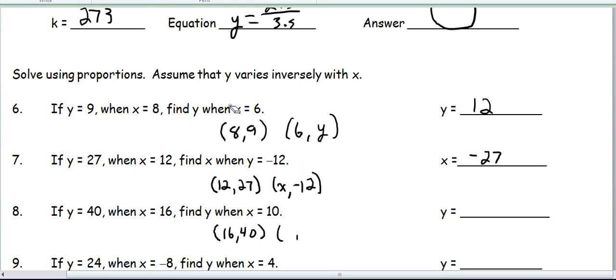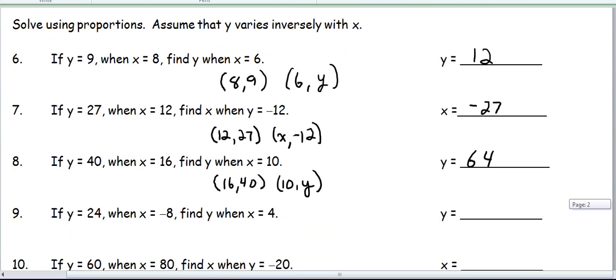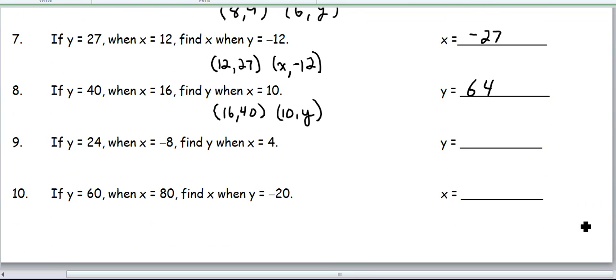Excuse me. I need to go back here. And I'm going to put that in, 10, and we're going to find y. So it's 16 times 40 divided by 10. You know, this is actually pretty easy stuff if you get to looking at it. That gives me 64. All right. So again, this is what we're going to do.